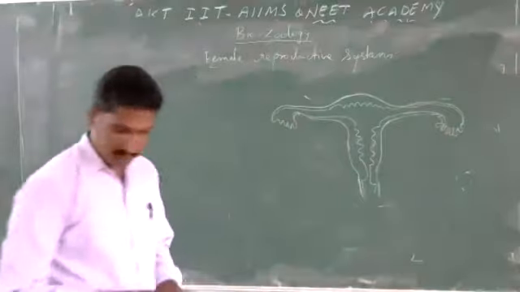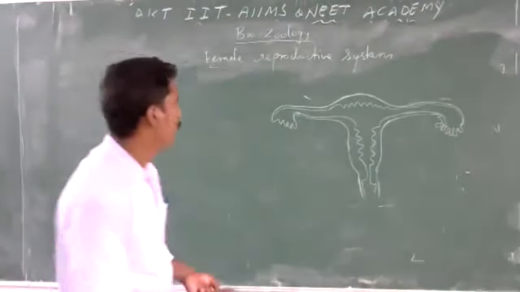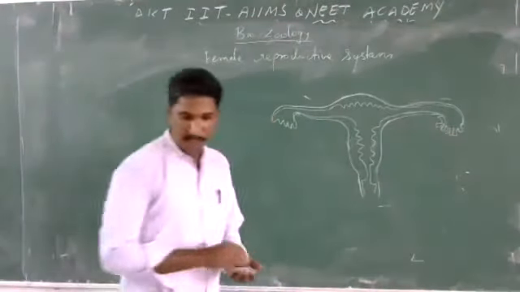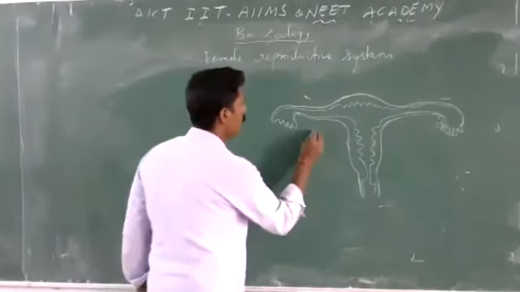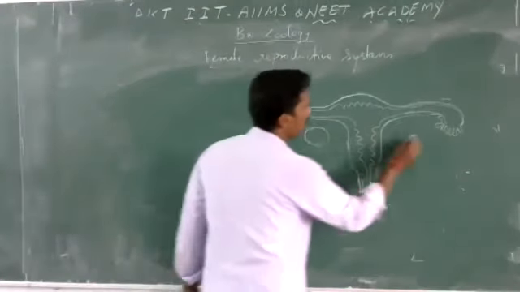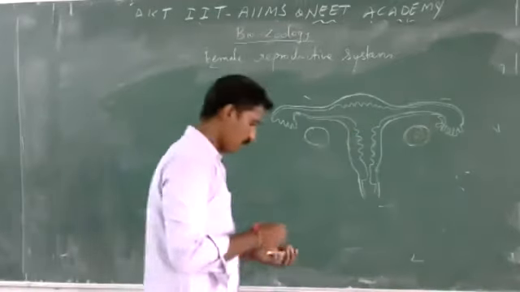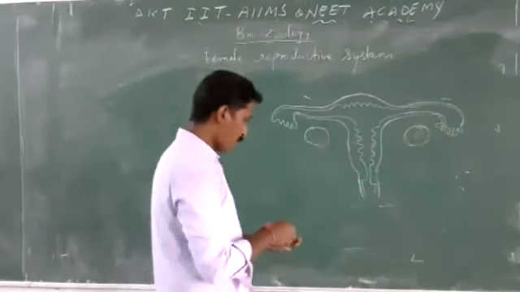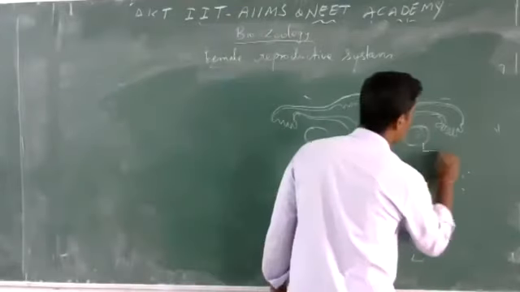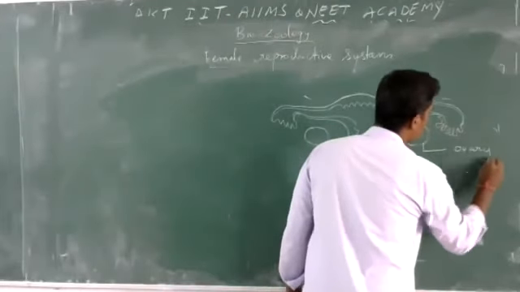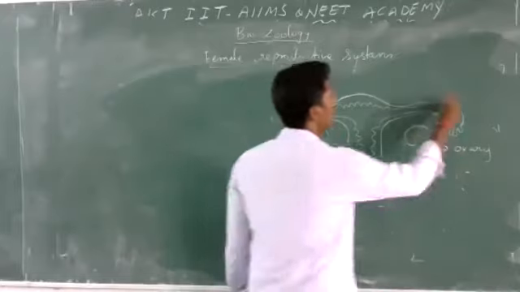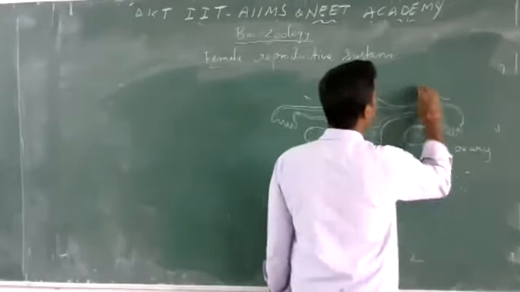So this is the structure of the female reproductive system. The ovary is present on each side of the pelvic region. This is called the ovary. This is the fallopian tube.